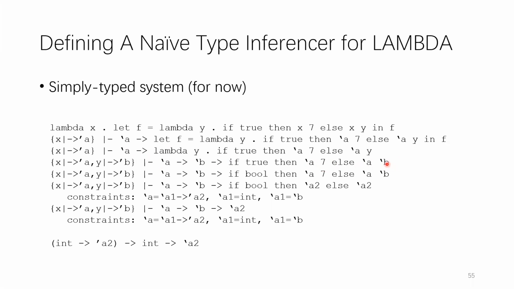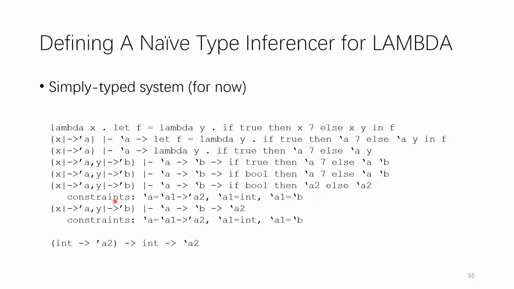And we know that we can do it only if alpha is a function type, right? So that's when we add this constraint. We say that alpha must be of a function type, alpha 1 arrow alpha 2. And then because it's applied to 7, alpha 1 must equal int. And because it's applied to beta, alpha 1 must also be beta.